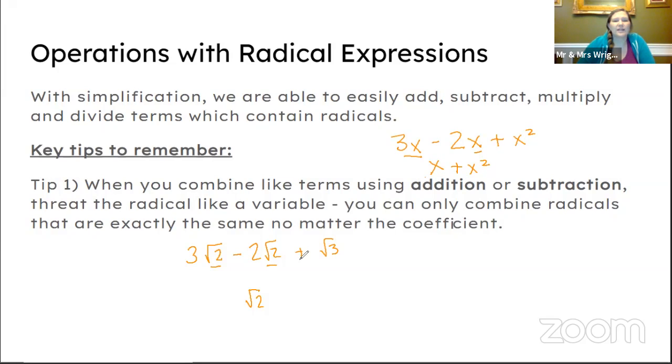It just became x. And then 3 minus 2 is positive 1. That's an implied number 1, so I don't need to write it, just like up here. And then my radical 3 is not like any other radicals, so I'm just going to write it down here at the bottom, and that's my simplified expression. And so you can see how combining like radicals is just like combining like variables.